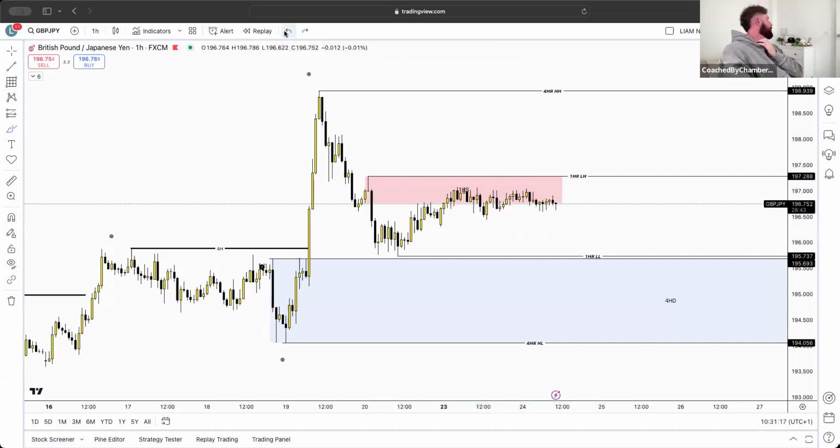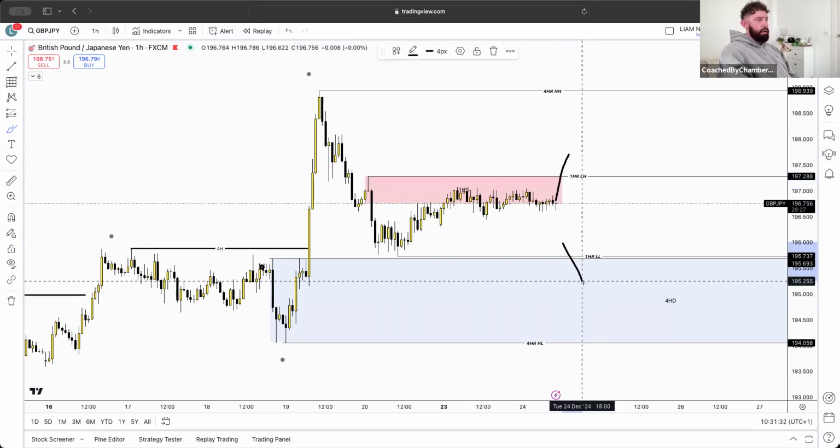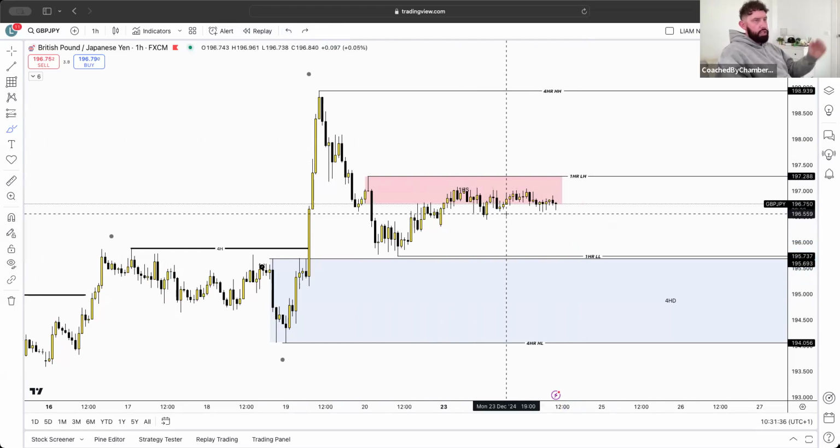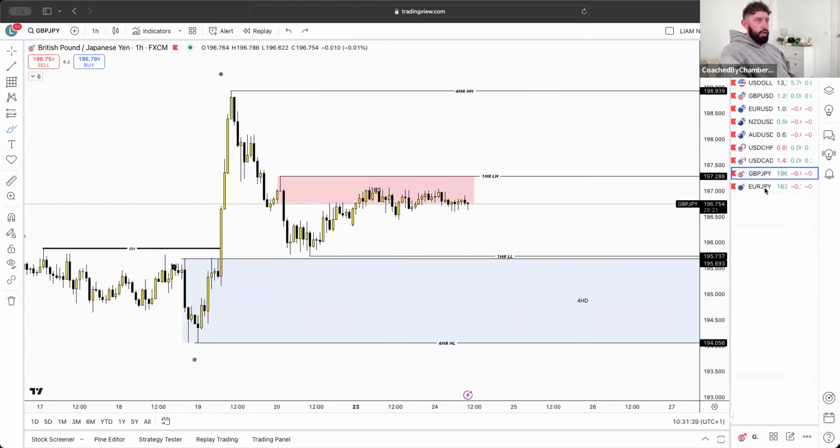Sorry about that. We want to see either a break above or a break below. I would like to see us continue downwards, to be fair. But yeah, GJ, we're not interested at all.